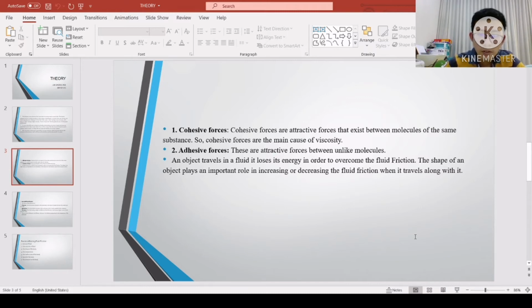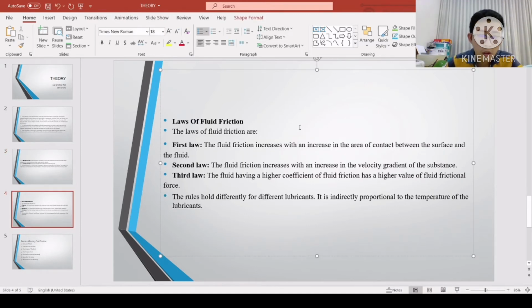An object traveling in a fluid is found to lose its energy in order to overcome the fluid friction. The shape of an object plays an important role in increasing or decreasing the fluid friction when it travels along with it. For the laws of fluid friction, there are three laws.